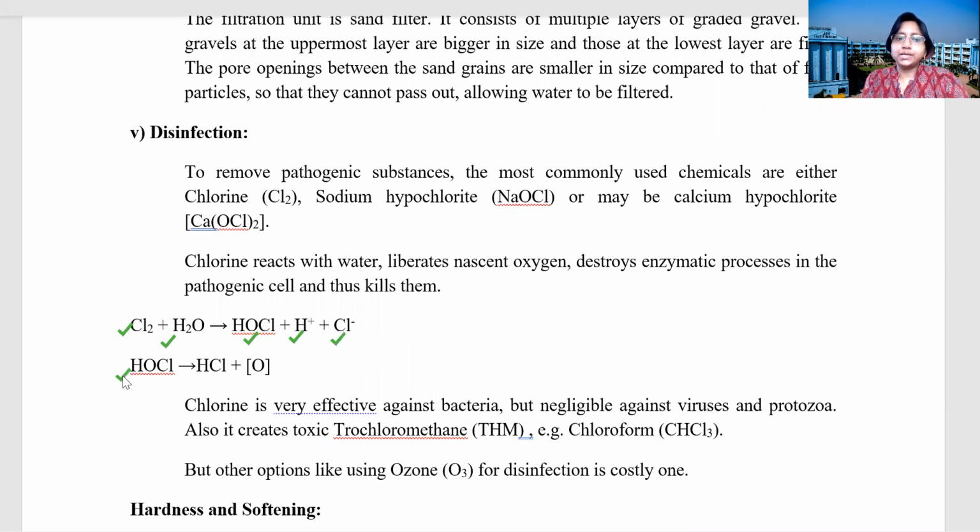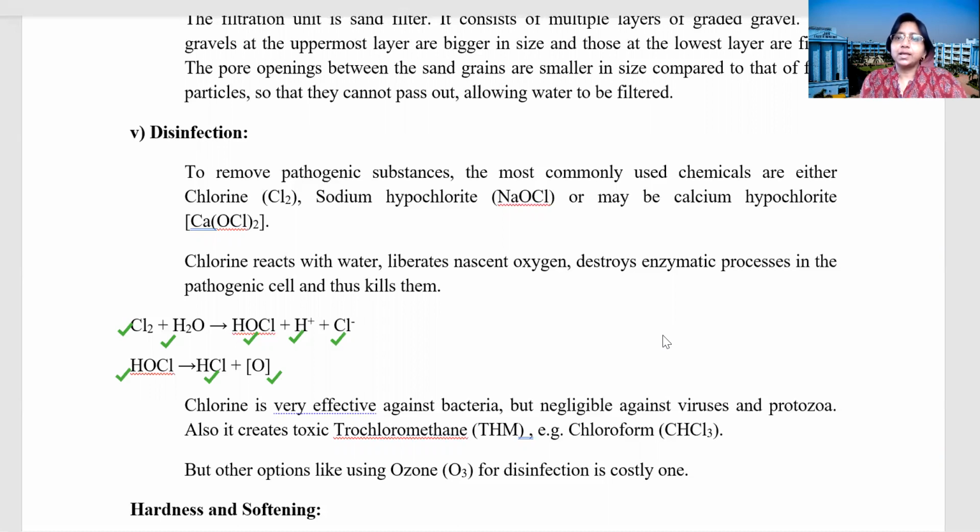Then from the HOCl we get HCl plus nascent oxygen. This nascent oxygen is highly reactive and it attacks the enzymatic part of the pathogenic cells. Then they are destroyed.